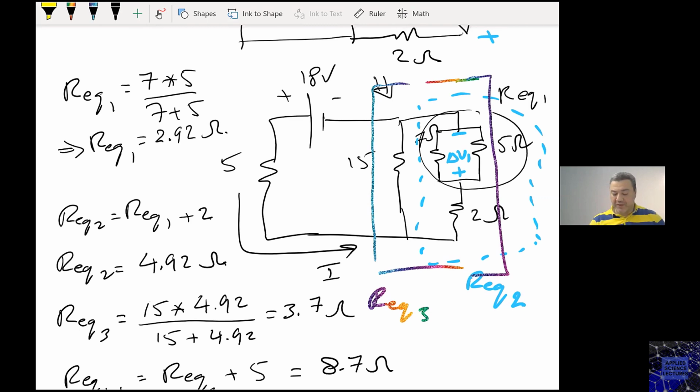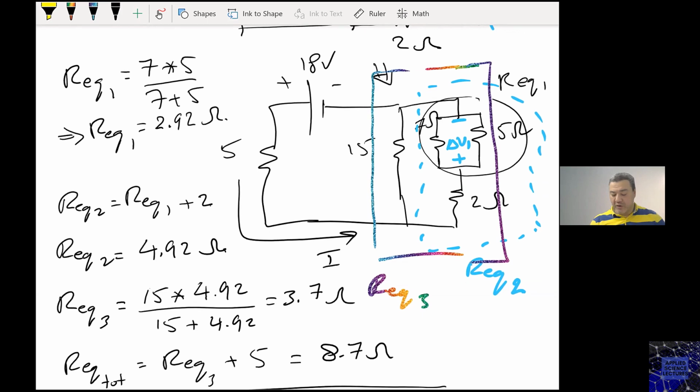Now, if you multiply this total current with R equivalent 3, you are going to get the potential difference delta V2. That is across the 15 and across R equivalent 2.